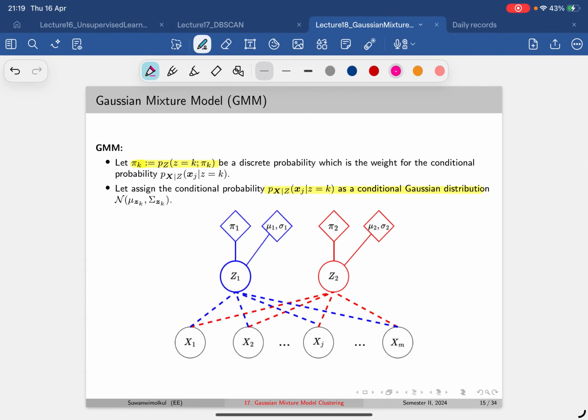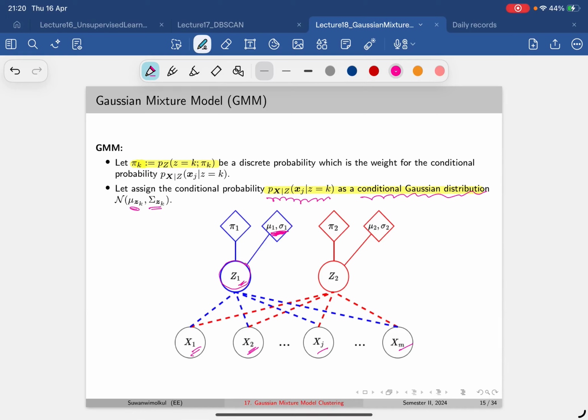But when it's a Gaussian mixture model, there is another additional assumption, that is the probability of x given z is a conditional Gaussian distribution. What it means is that if each of x_m up until x_j came from z1, they will have the mean mu_z1 and variance sigma_z1, and those values will be associated with just when z is equal to z1.